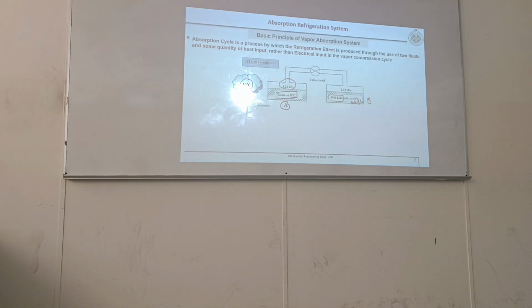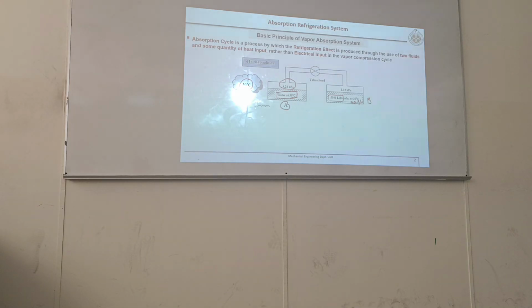Now, water in its pure form and water in solution. Now it's a solution of water plus lithium bromide. So when water is mixed with some salt, the majority of the water molecules are surrounded by or bound by this salt. So now less water can evaporate compared to when it was all water.